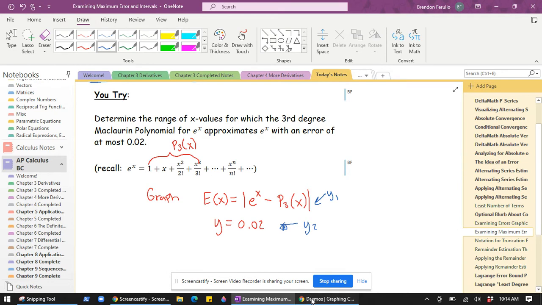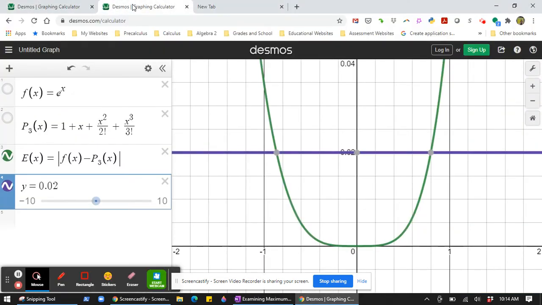So let's do that, and I've preemptively done that here. You might want to play around with the window a little bit. Desmos is more convenient for that. The green is our error. I've got my function, my third degree, and I've got my error, and I've got y equals 0.02. So these intersection points are what we want. Any values in between those, the error will be less than 0.02.